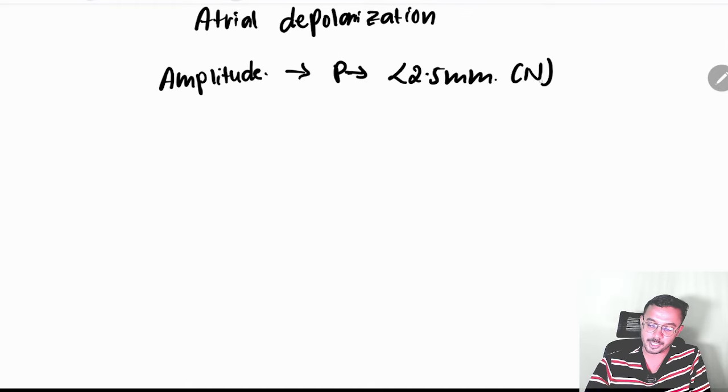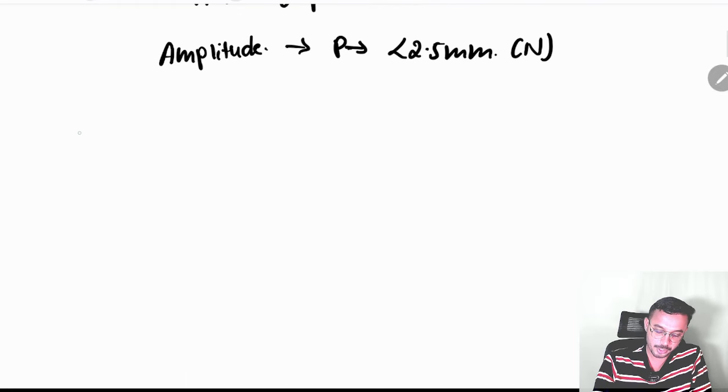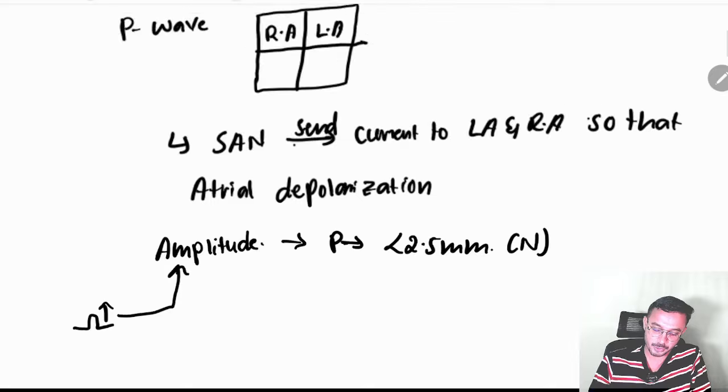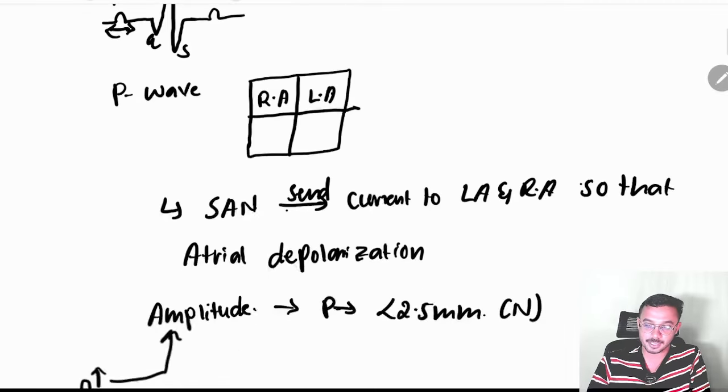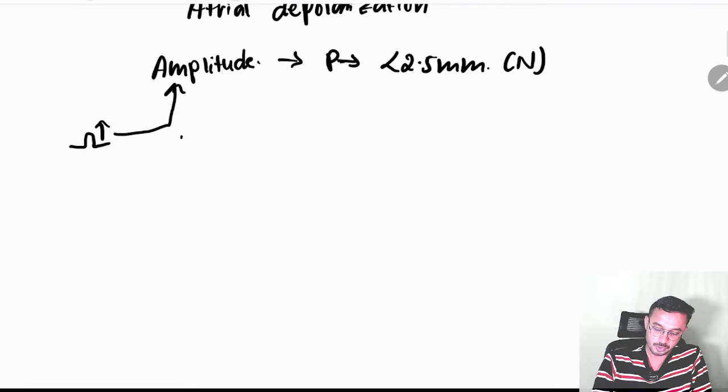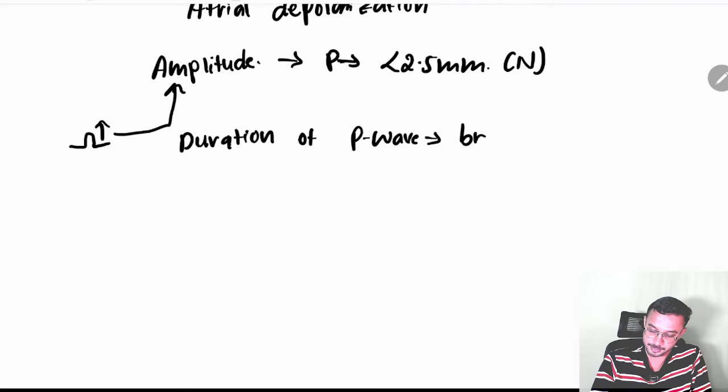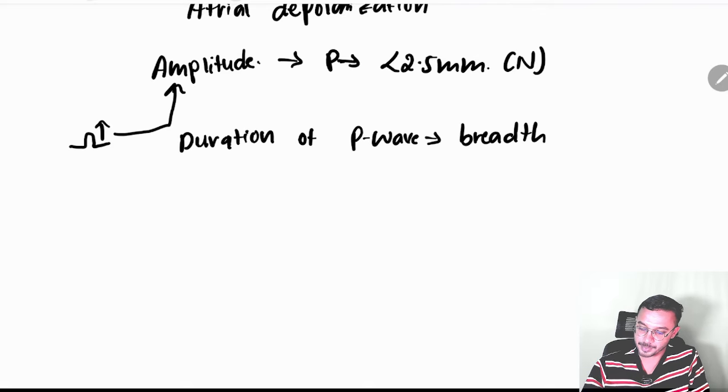This is the normal amplitude, the height. And if they ask you the duration, the duration of the P wave is nothing but the breadth. So how much is the breadth?